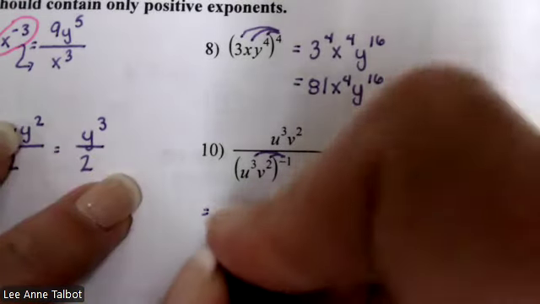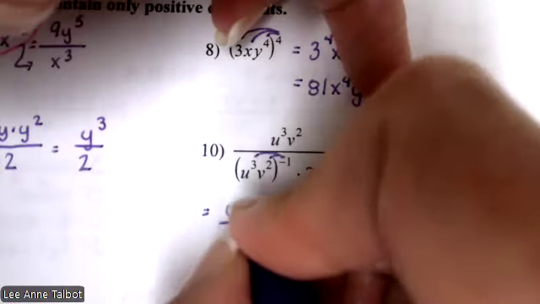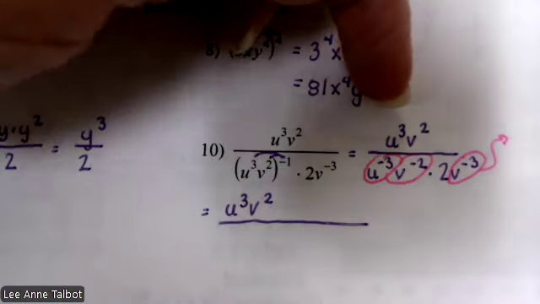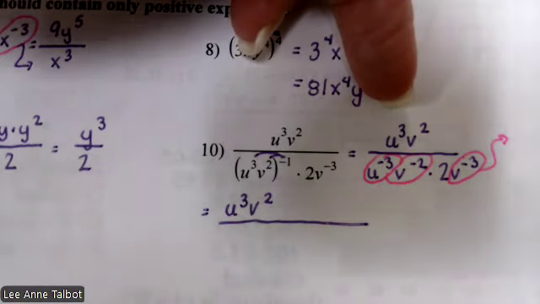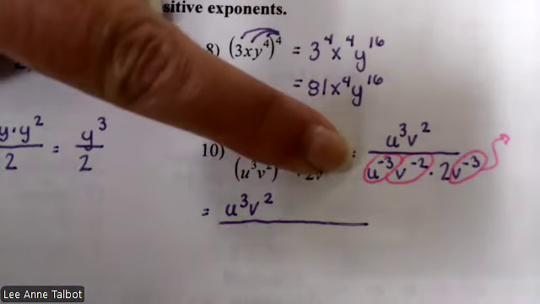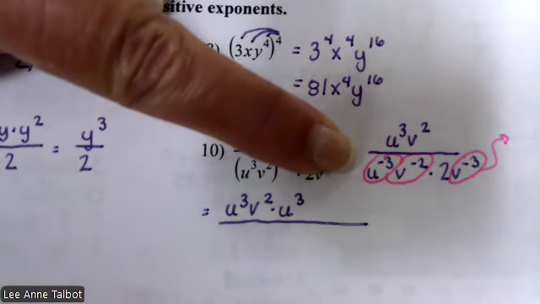All right, now be really careful. U to the 3rd v squared stays where it is. Those are positive exponents, so they stay where they are. Now this guy, he's going to come upstairs and become positive 3.